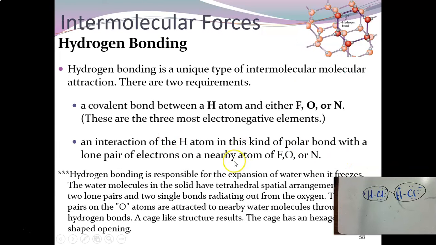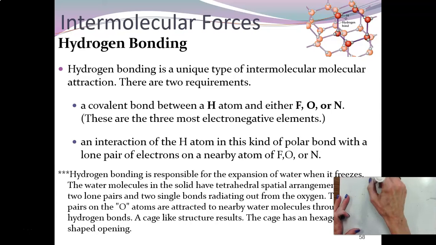The last type of intermolecular force, and the strongest type of intermolecular force, is hydrogen bonding. And I kind of think hydrogen bonding is the easiest one to remember. Hydrogen bonding occurs when the compound has a hydrogen bonded to either a fluorine, an oxygen, or a nitrogen.